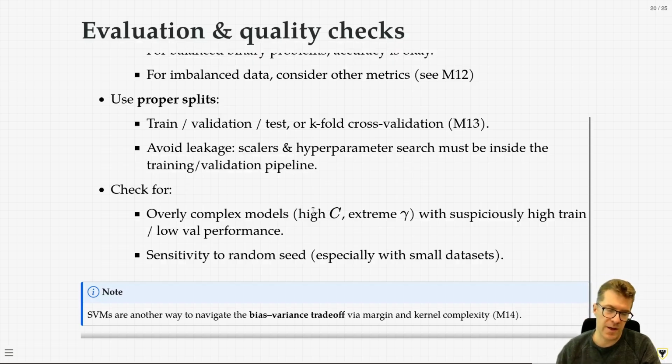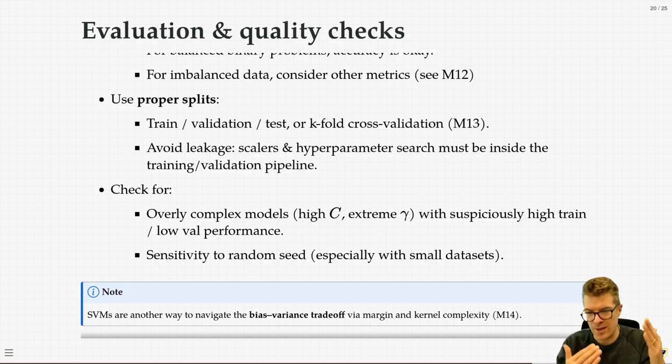You can do this by just doing those visualizations. This is a lot easier when you have just two-dimensional data like the two moons data set. But what even counts as high C or extreme gamma, what counts as high or low values of C and gamma in those cases, will depend on the data. And if you're dealing with a new data set, then you have no prior knowledge about what C and gamma should be.